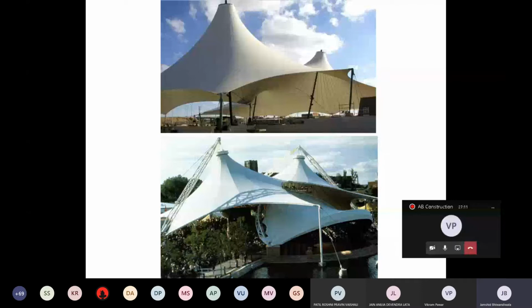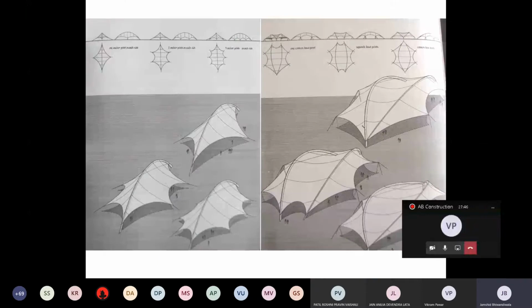The next typology, other than being saddle backed and pivoted, is by way of introducing the arch. So I'm in a position to create a ridge. The entire exercise is about creating a high point and low point, as we have by now understood.